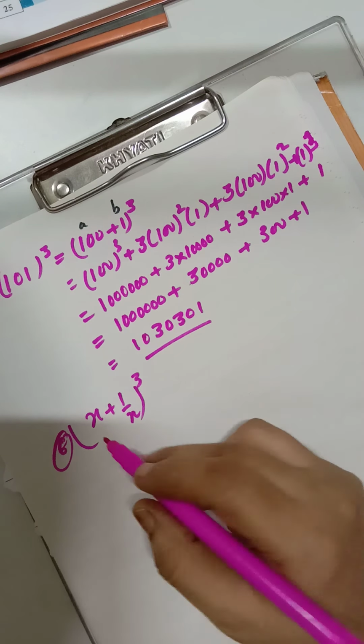Now see children, this x gets cancelled with this x, okay. Now what is remaining is x cube plus, from the numerator only one x is remaining, so it is 3 into x, that is 3x, plus above, 3 into 1, so it is 3 upon, in the denominator only one x is remaining, plus 1 upon x cube.